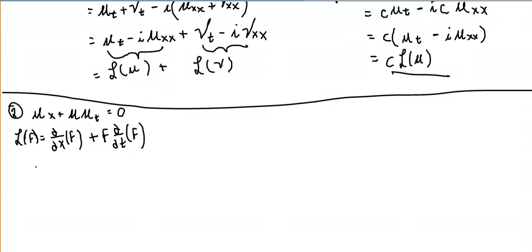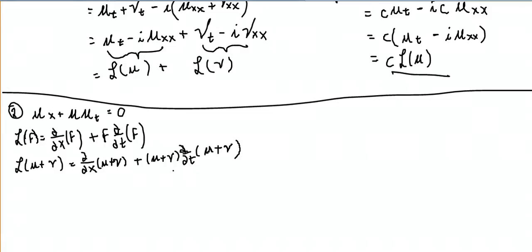So now I want to go ahead and see what I get when I do L of u plus v. Well, L of u plus v will be ∂x of u plus v, plus u plus v times ∂t of u plus v.